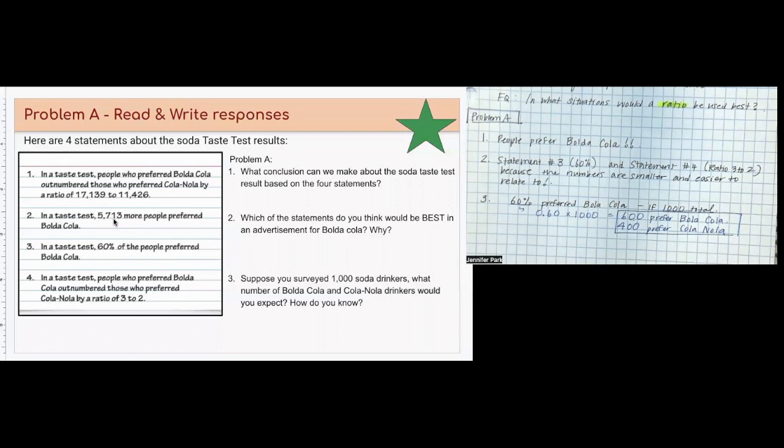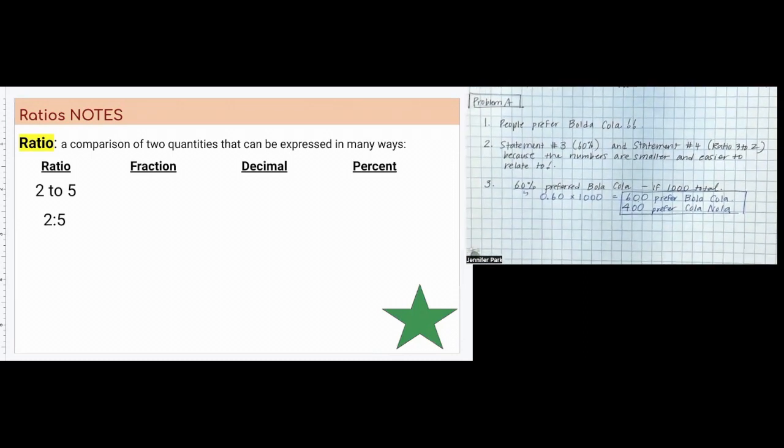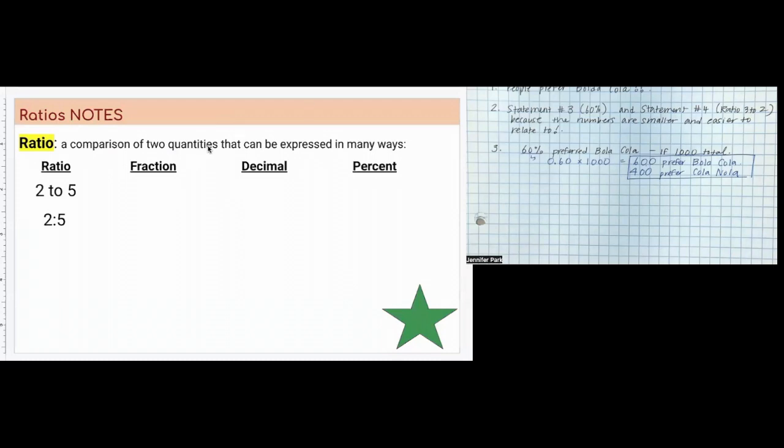Okay. All right, so now we're going to take some notes together in our notebook. Let's first copy down the ratio definition. So what is a ratio? A ratio is a comparison of two quantities that can be expressed in many ways. So let's write that down first.